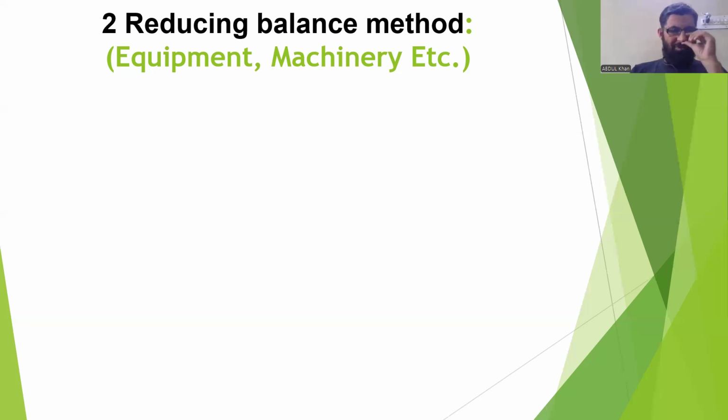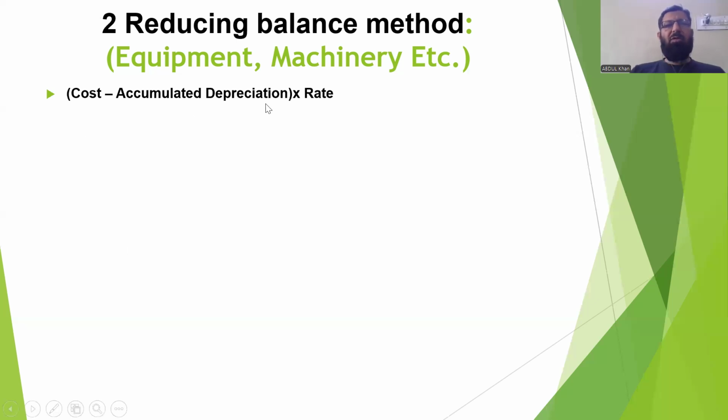How can we calculate? The calculation is also very simple. But remember, this is cost minus accumulated depreciation. Normal students confuse cost minus scrap value with cost minus accumulated depreciation. Cost is the same thing as in the previous method we already discussed.